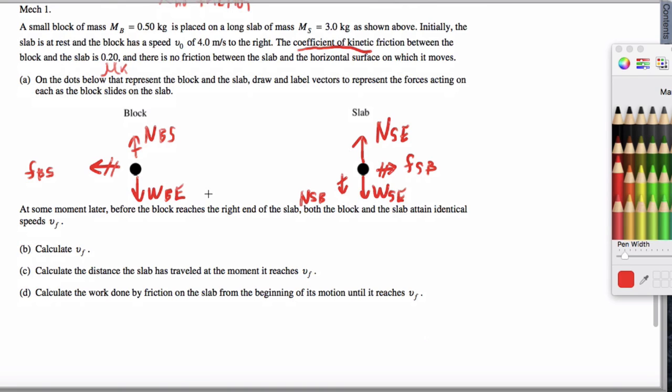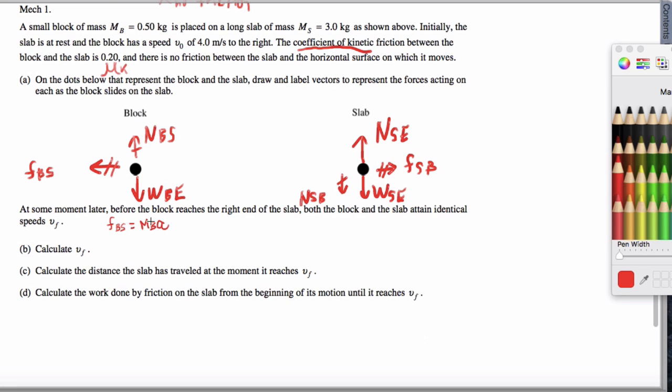So the forces involved. I have the friction on the block due to the slab, which causes the block to accelerate. So this is mass of the block times its acceleration.